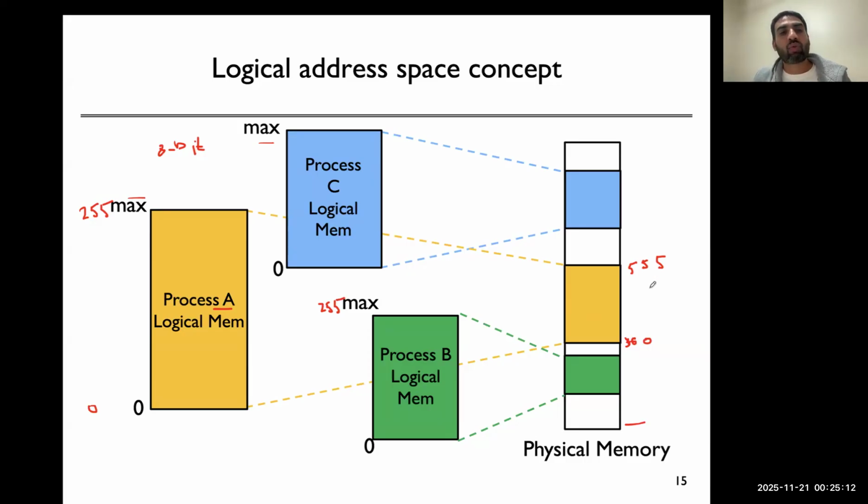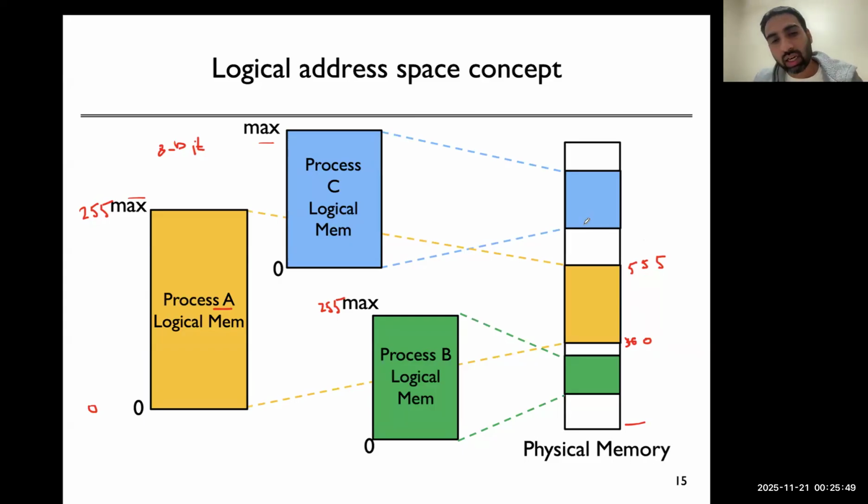Next time, if it is not possible to put the program of process A in that location, maybe because it is already occupied by some other process, you can simply say, okay, I will not add 300 to every address, maybe I will add 600. Now your physical range will be from 600 to 855. So it gives you the flexibility of where to place it.